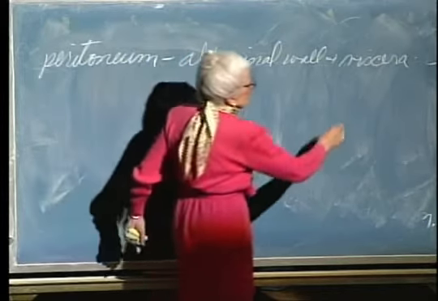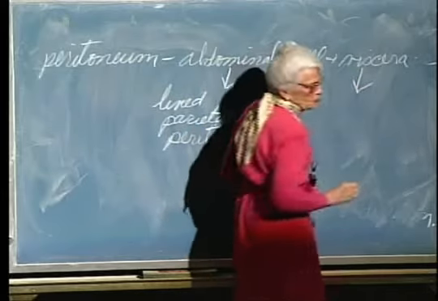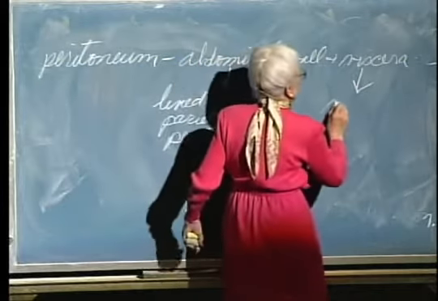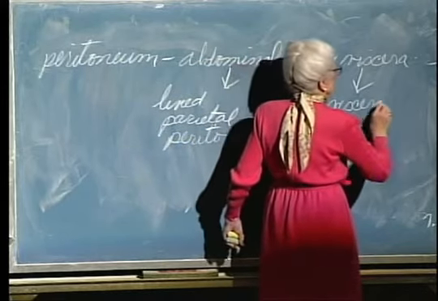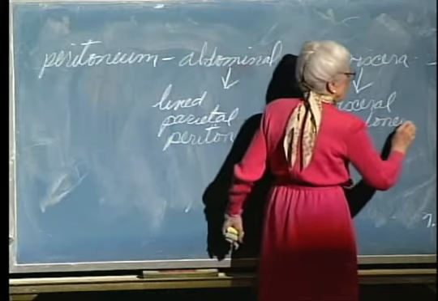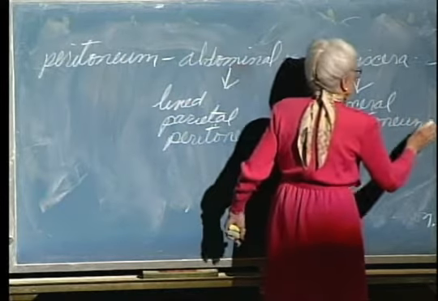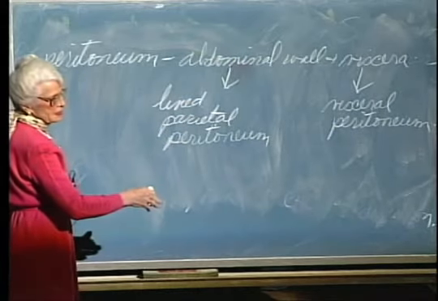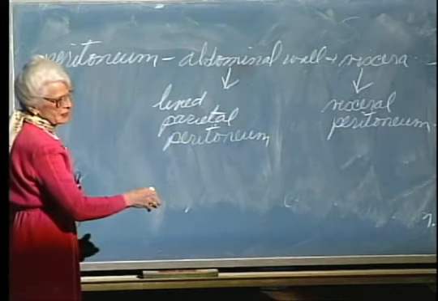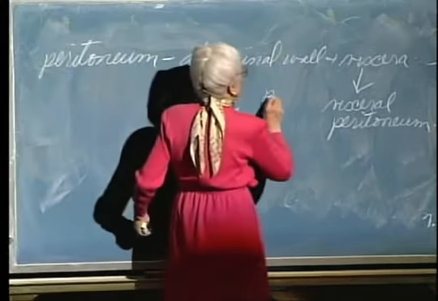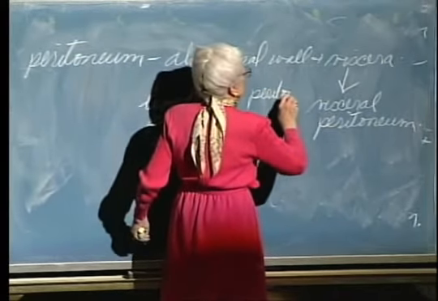And the organs, the viscera, are covered with what? Visceral peritoneum. So what do we call the space between the two? Peritoneal cavity. So in here we have the peritoneal cavity.